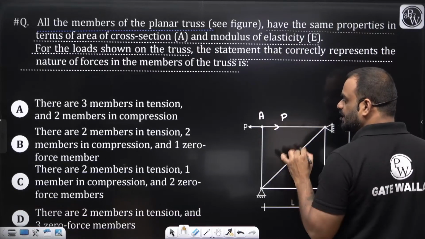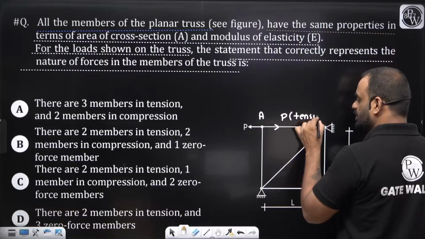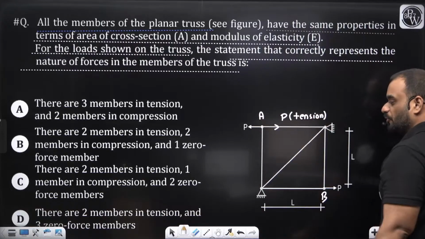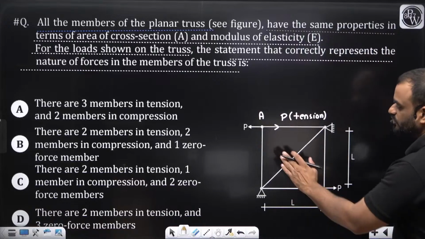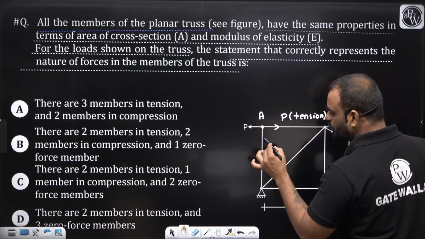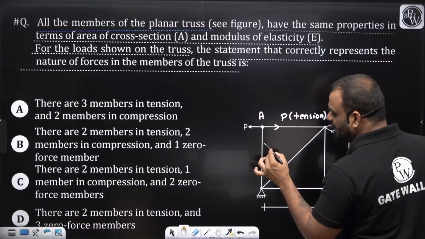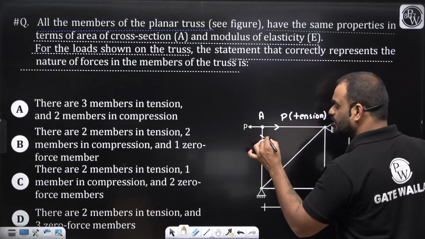So in this particular member, what you will find is tension, P tension. You have a certain value of force, but it is tensile in nature. What about this one? If you consider this particular joint, there is no vertical load, so due to that reason, in this particular member, the force will become 0. How, sir? Let me write it down.